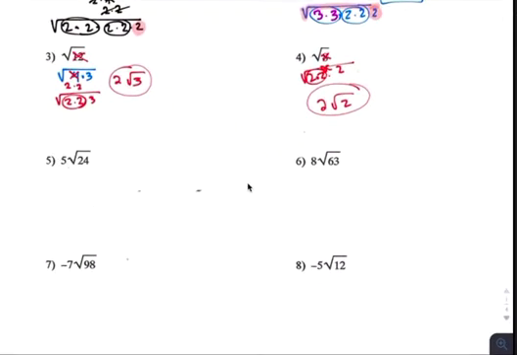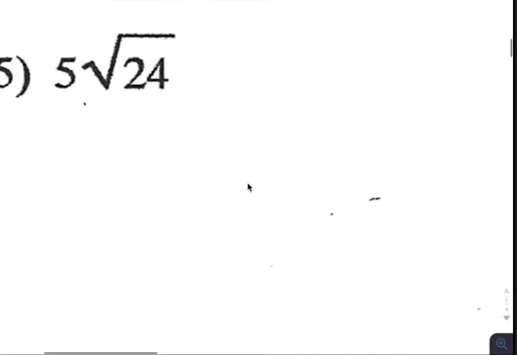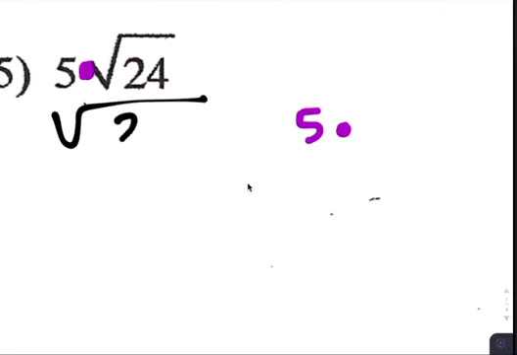Number 5. Okay, when you have a number like this, it means 5 times whatever your answer is. Okay, so let's see what the answer is. Square root of 24 is 6 times 4, right?